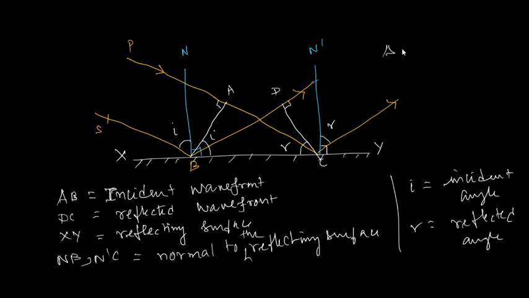So triangle ABC is congruent to triangle BDC. Otherwise, keeping the right angle, you can call it BAC. Triangle BAC is congruent to triangle BDC.